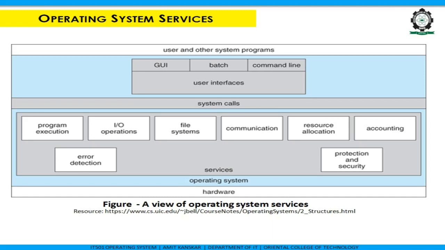Now, program execution. The operating system must be able to load a program into RAM, run the program, and terminate the program either normally or abnormally. Input-output operations. The operating system is responsible for transferring data to and from input-output devices, including keyboards, terminals, printers, and storage devices.